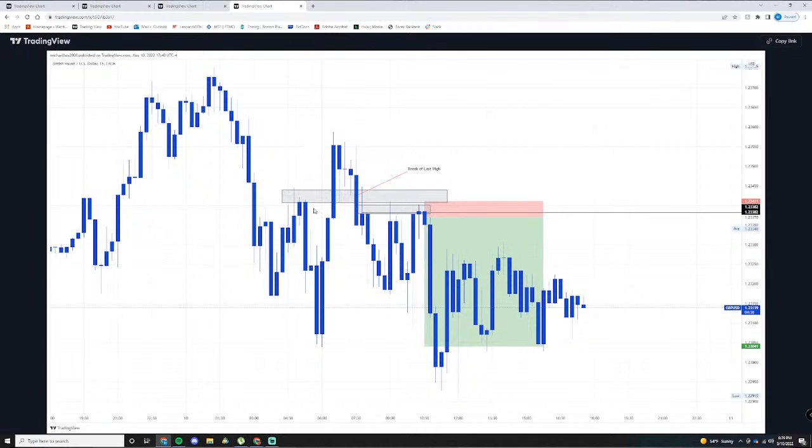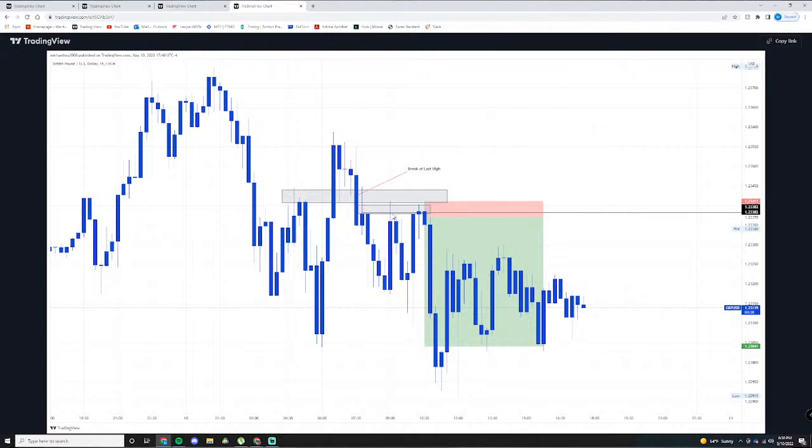But yet again, we see price coming down, respecting this level, breaking through it, doing all sorts of messy stuff. But once I saw that it broke out and broke back in, my mind was not convinced that it wanted to go up. And then we get all this information around this level right here that shows us that price is depleting.